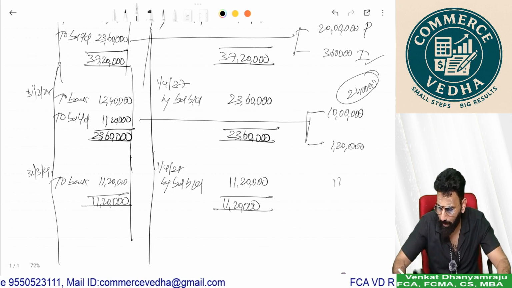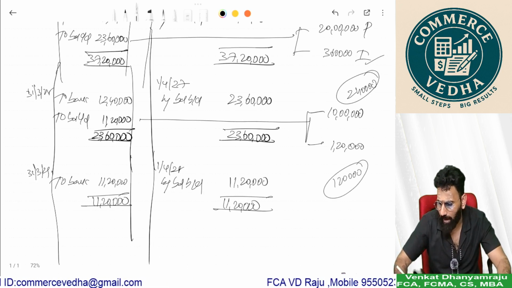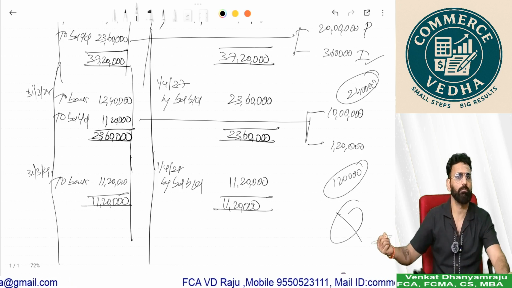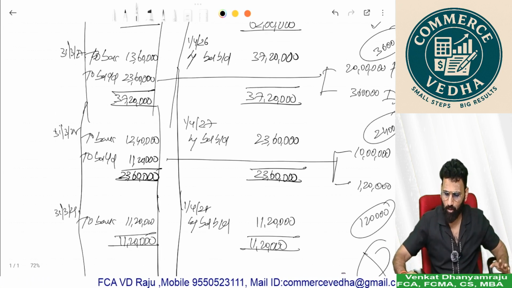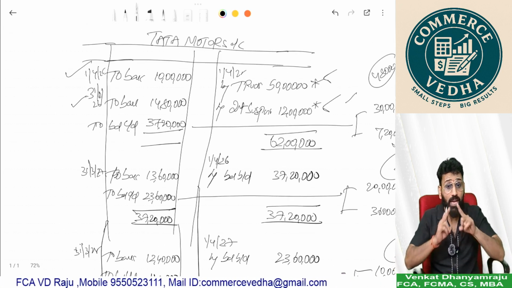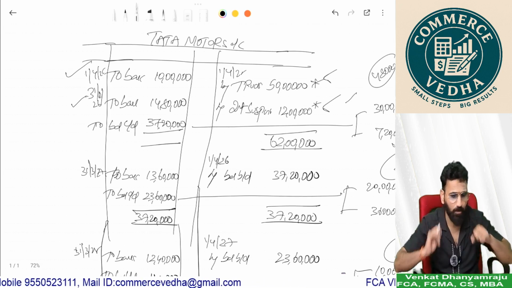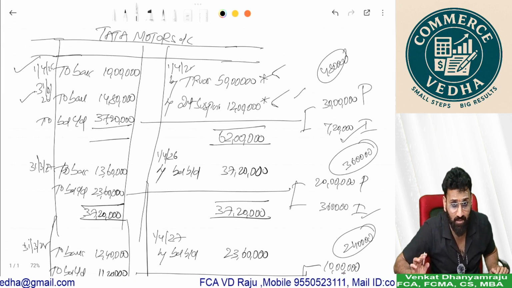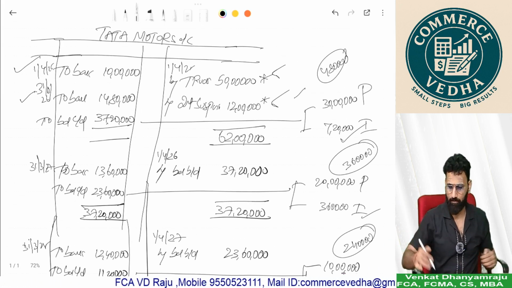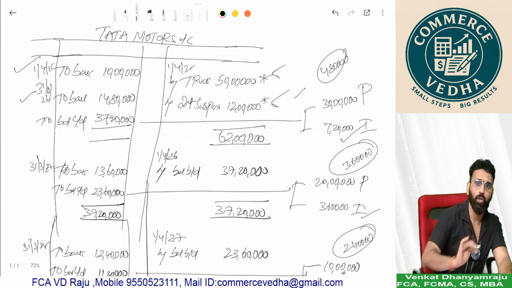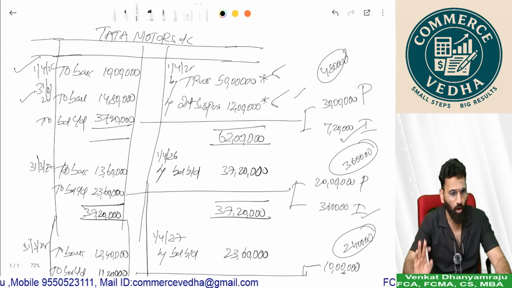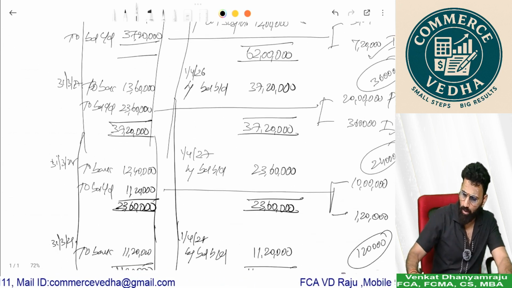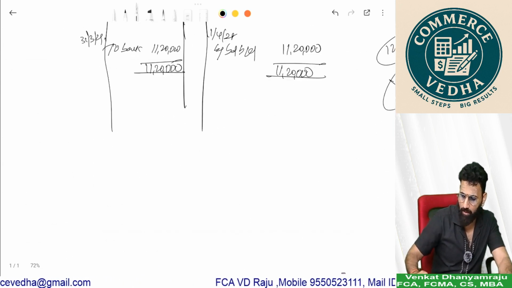And fourth year you paid 120, balance is zero. So this is the accounting of the interest suspense account. What you're doing is recording the entire interest in the first year, debiting suspense to the vendor. Got it?